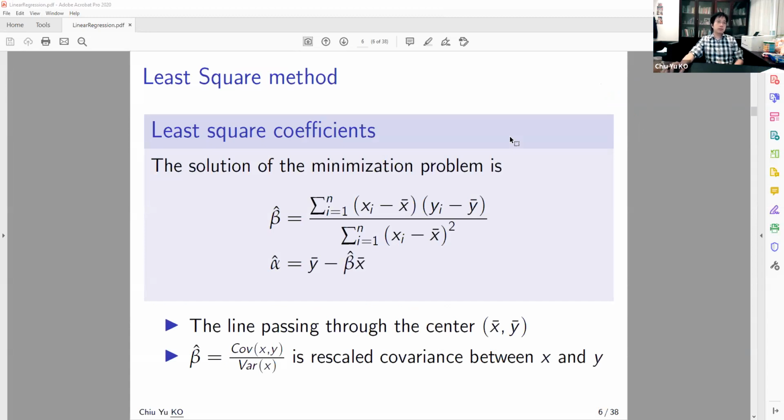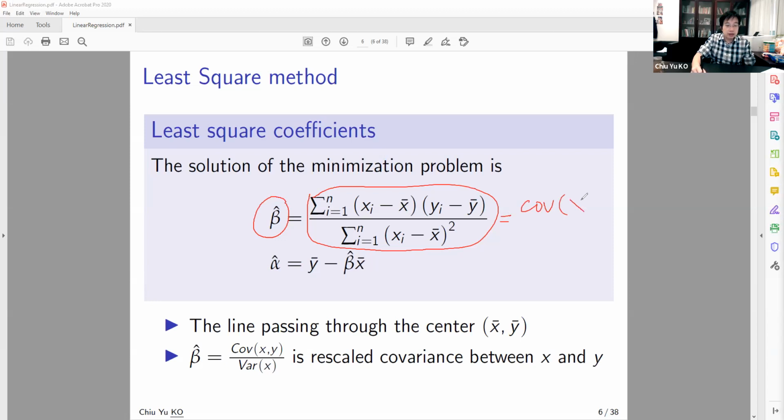Anyway, so this is the formula here, right? You notice that we explained this beta is a fraction. This fraction is basically a two-part, right? If you rewrite it here, you can see this is the covariance xy, okay?